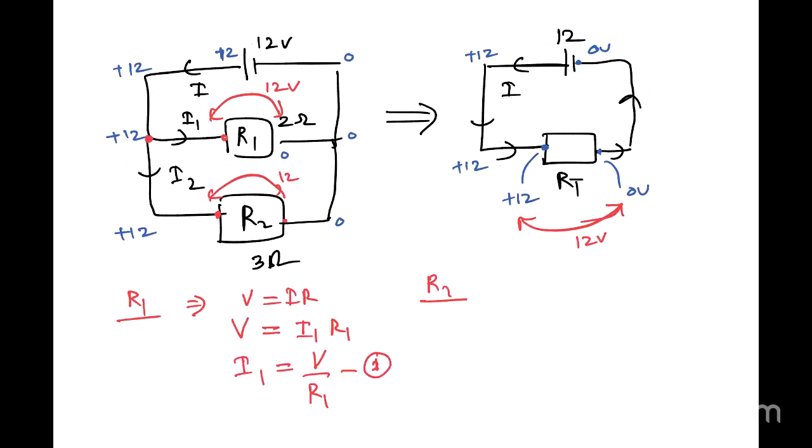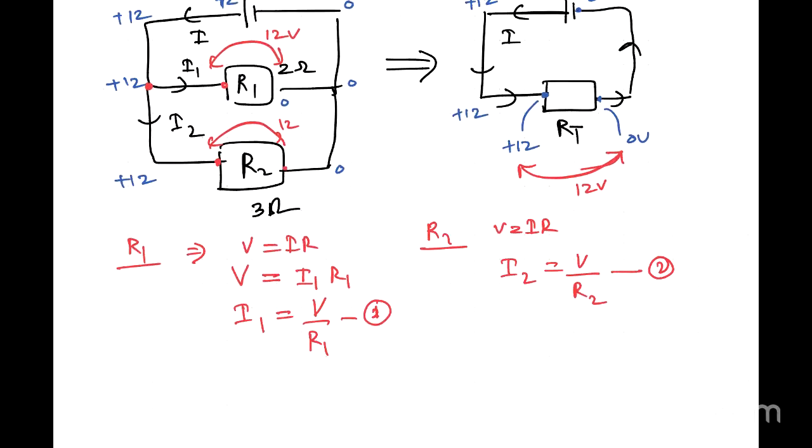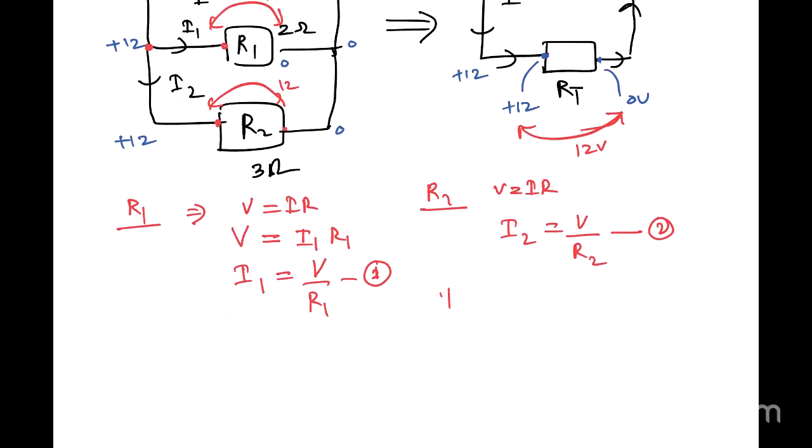And for R2, again, I am using V equals IR. So in the same manner, I can write I2 is going to be equal to V over R2. This is the second equation. And for the whole system, I am applying V equals IR here. So I total will be equal to V over R total.